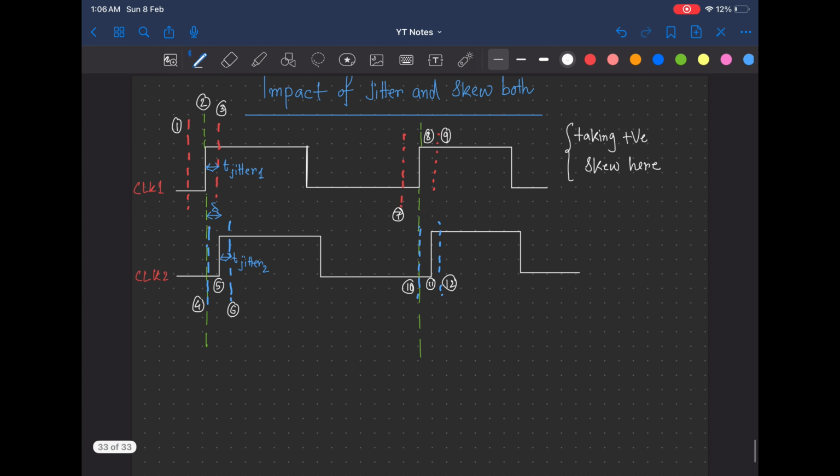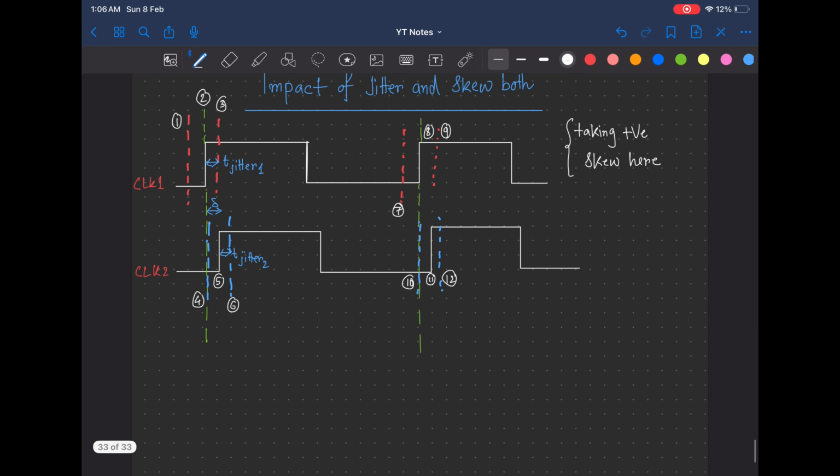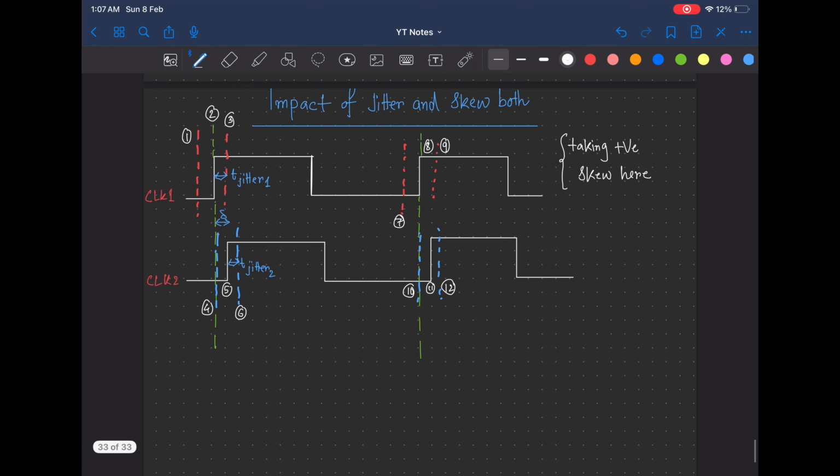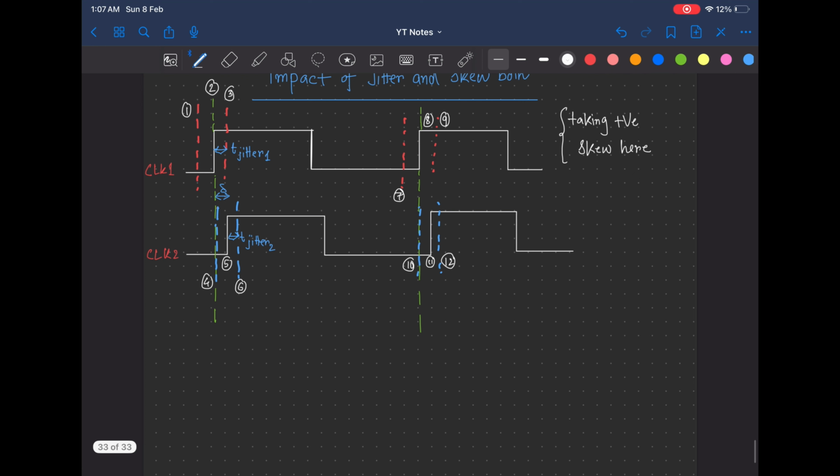Now what is the impact on the equation when you go for the maximum time analysis? So let's write the equation for the max time analysis with the T clock.